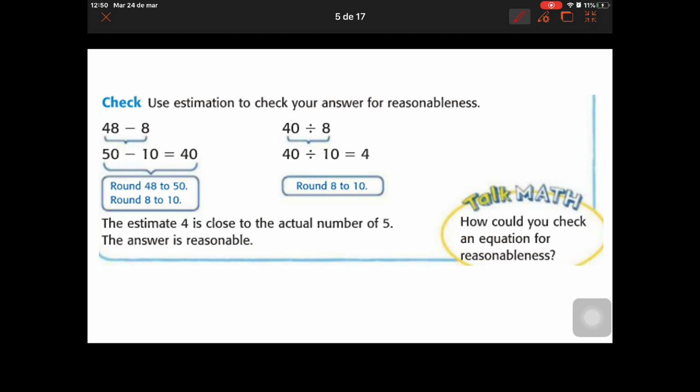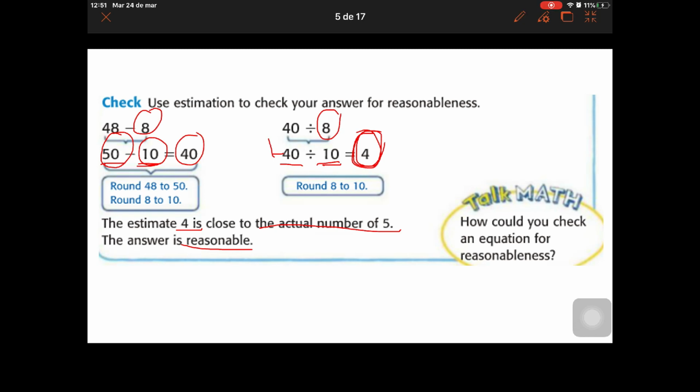If we have 48 divided by 8, we're gonna estimate, or round. 48 we're gonna round to 50, and 8 we're gonna round to 10, and that gives us 50 divided by 10, which equals 5. So this answer is close to the actual number of 5 that we have as the answer. So this answer is reasonable and it's correct.